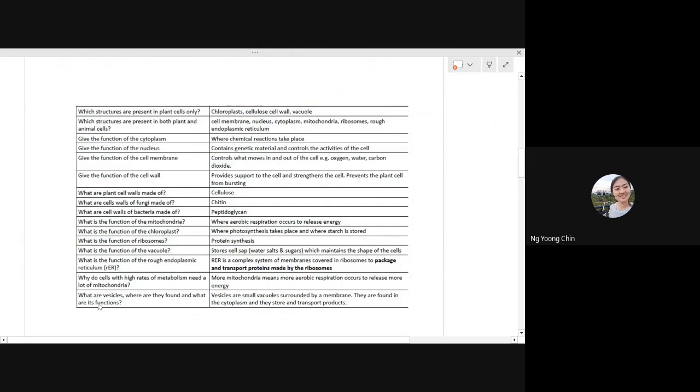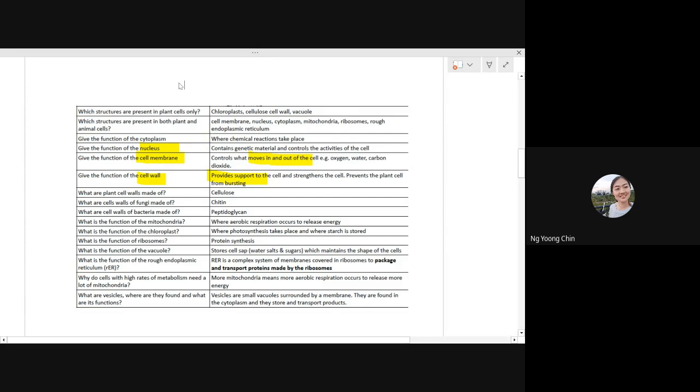Yeah, so please remember that the cell wall is to provide support. The cell membrane will control the movement in and out of the cell, for example, substances such as oxygen, water, and carbon dioxide. The nucleus has 2 functions. The first one, they store the genetic material.